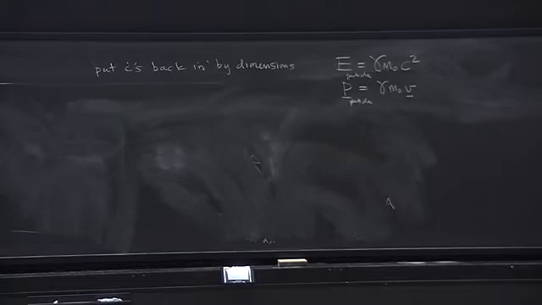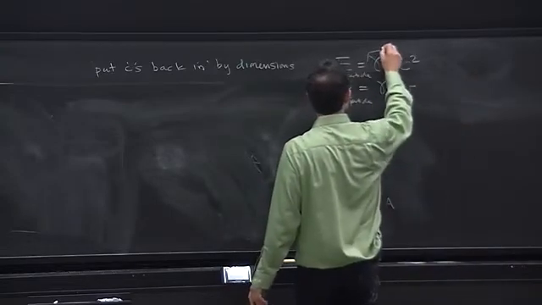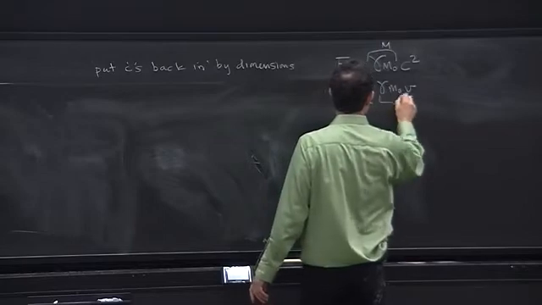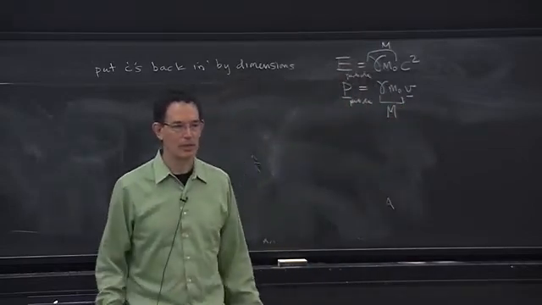It comes from Noether's theorem and the action. Okay, are there any questions? Of course, when we write down E equals mc squared, this is the m. It's the effective mass of the particle.